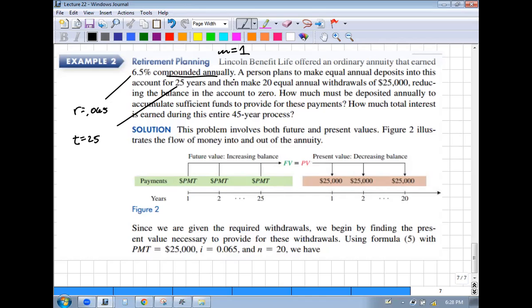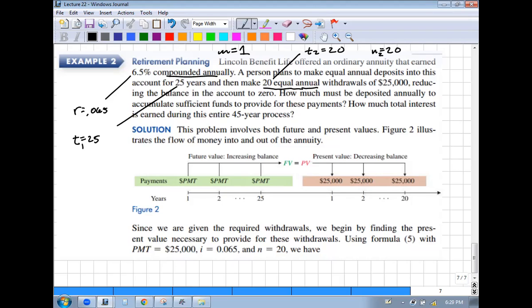Because this is making deposits. Then after that, we're going to start making withdrawals, 20 withdrawals. So that means for 20 years. So I'll call this T1 and then T2, 20. Since it's annual, it's once a year. So for 20 years, it's 20. I'll call this M2.